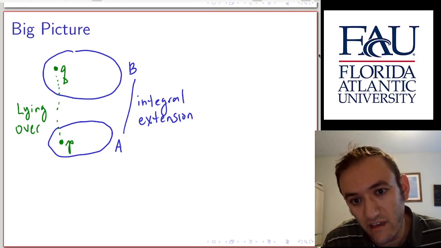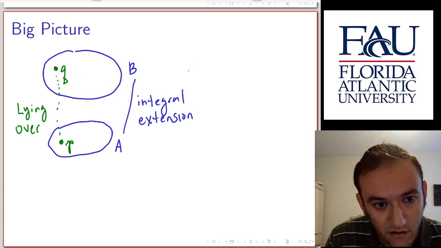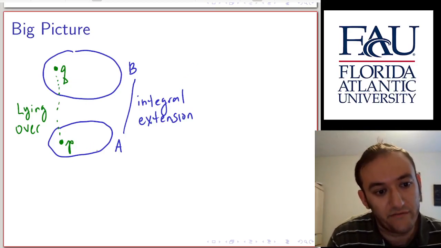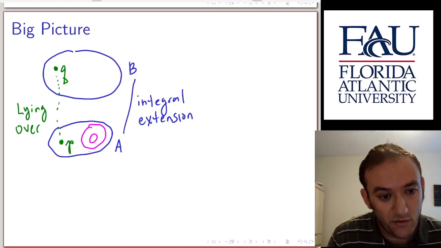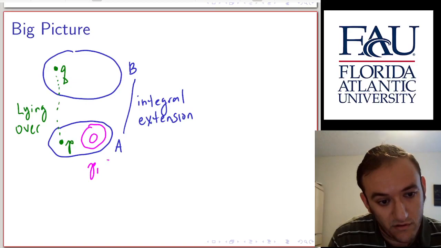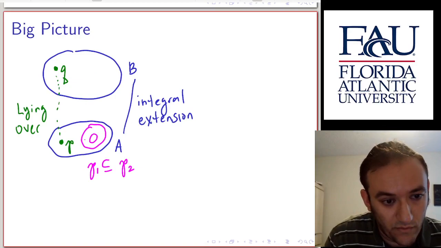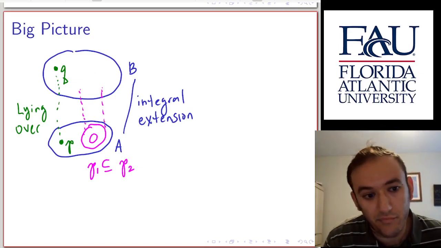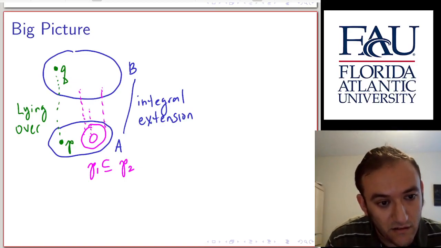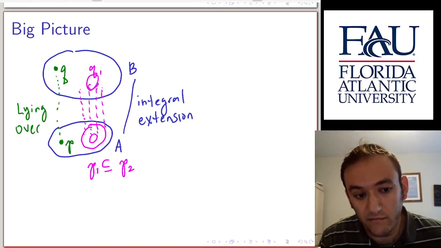We also have the going up theorem, and that describes chains of prime ideals. So let's say we have a chain of prime ideals, P1 contained in P2. Then above, we have some prime ideal Q1 corresponding to P1, right?